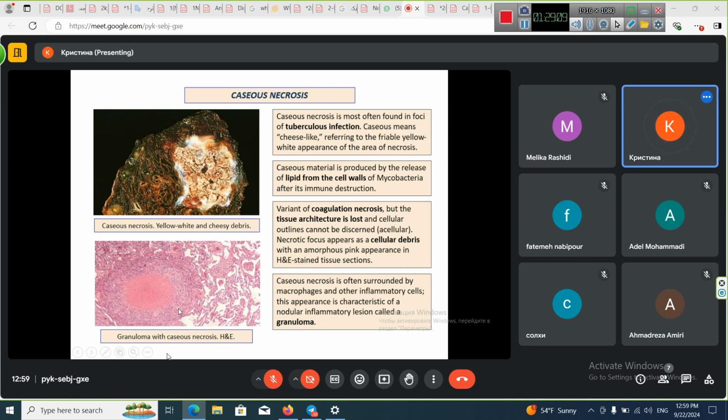They try to eat the dead cells and to fight some bacteria which can cause this necrosis. So inflammatory cells and macrophages separate the damaged area from the normal tissue. They make a kind of wall that protects the normal tissue from the area of the necrosis.